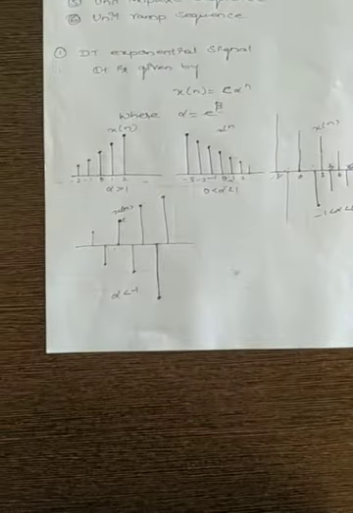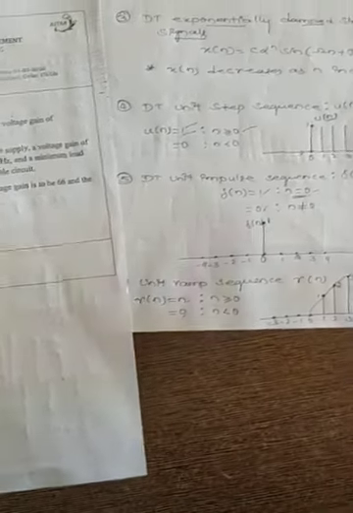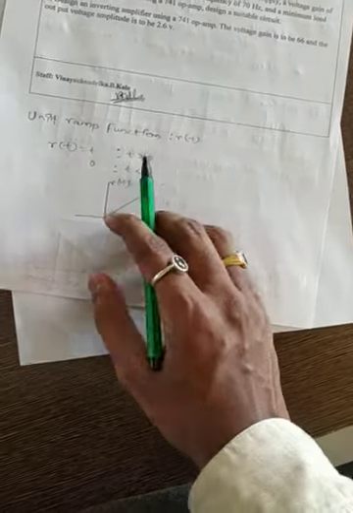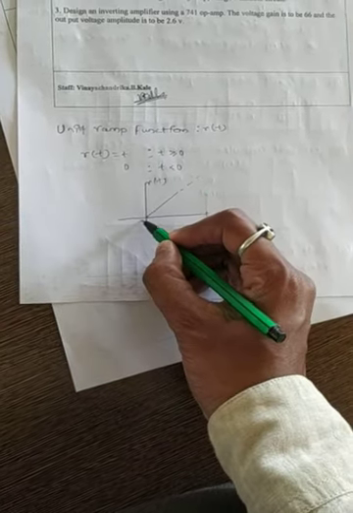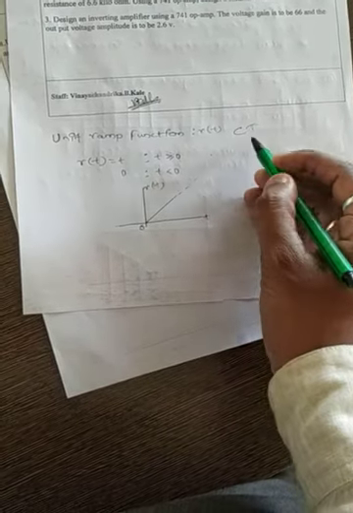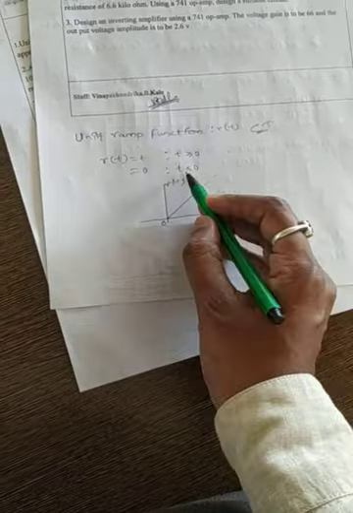In the last class I forgot one more signal that belongs to continuous time signals, that is the ramp signal. This is the best example. Unit ramp function r of t, with respect to continuous time signal, is equal to t when t is greater than or equal to 0, and r of t is equal to 0 when t is less than 0.